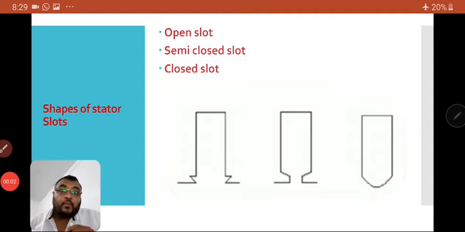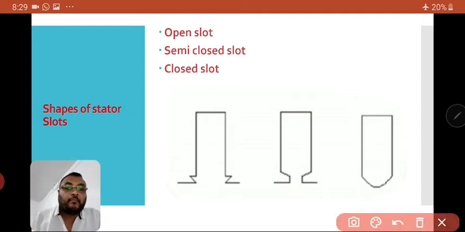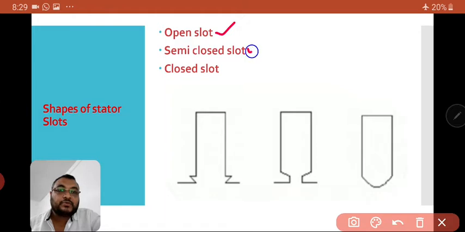So now we will see the shape of stator slots. Mainly there are three types of slots in a three-phase induction motor. The first one is the open slot, then the semi-closed slot, and the closed slot.